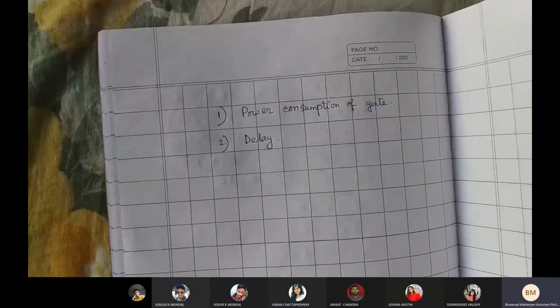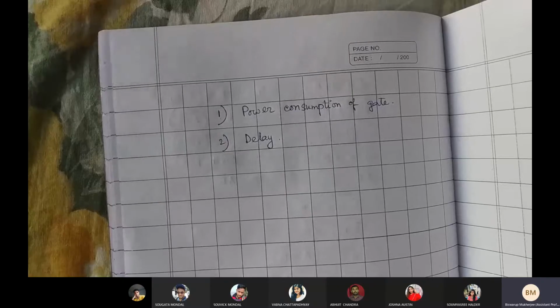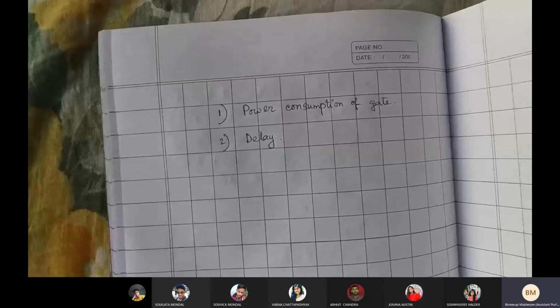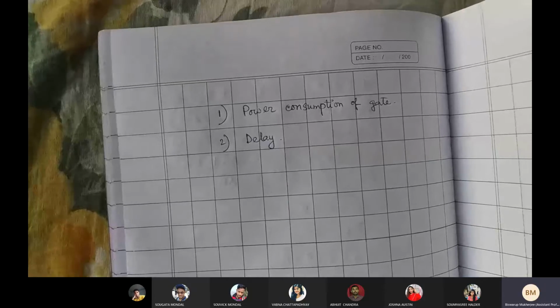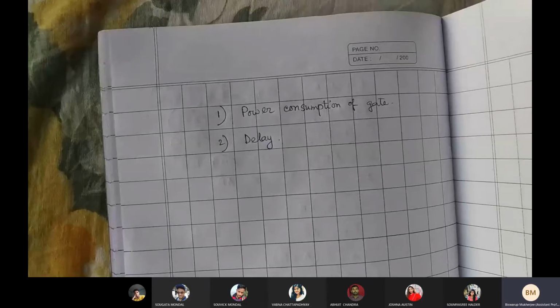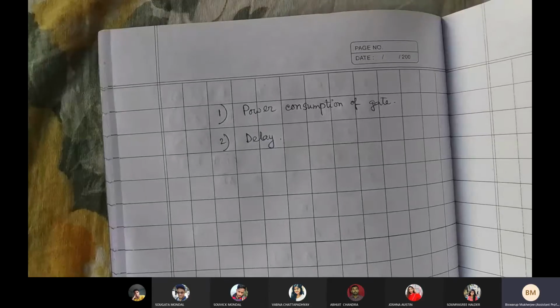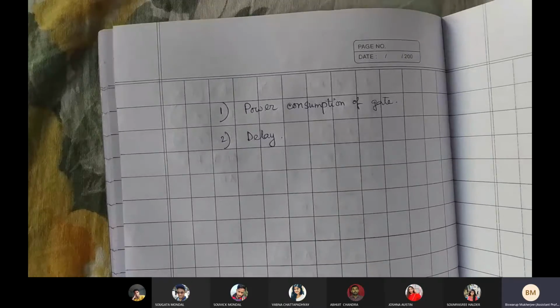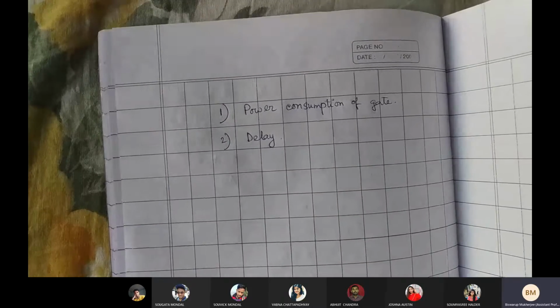Another point is, after introducing the input signal, it will take some time to produce its output. This delay is called propagation delay, or circuit delay, or gate delay. For this case, it is gate delay.